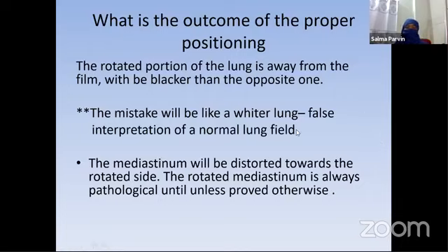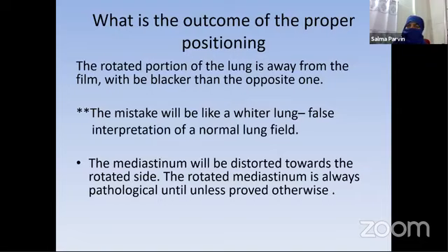Then what would be another fault? You must remember that the patient has a collapse in the right lung, or lung base, and you have a technically faulty X-ray rotated to the left.